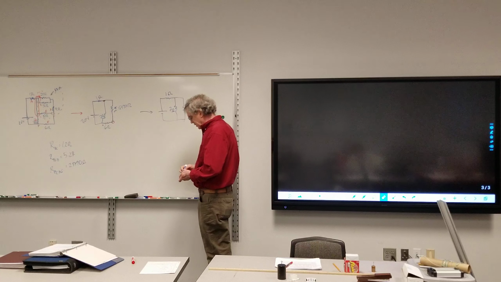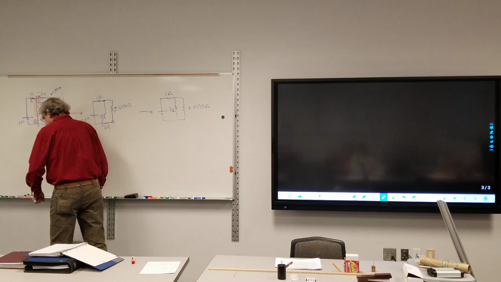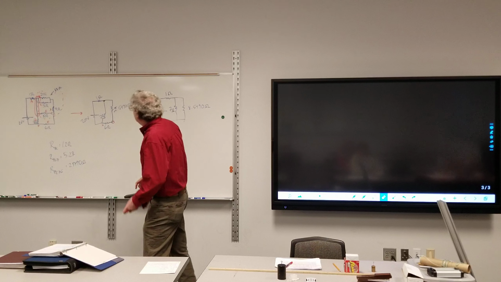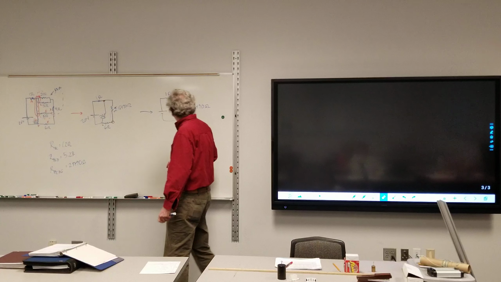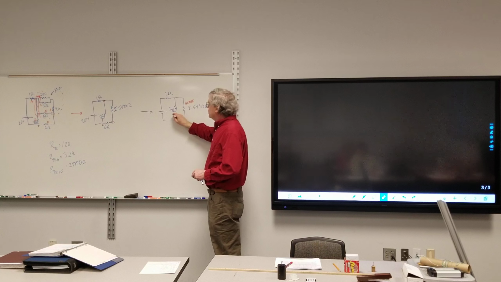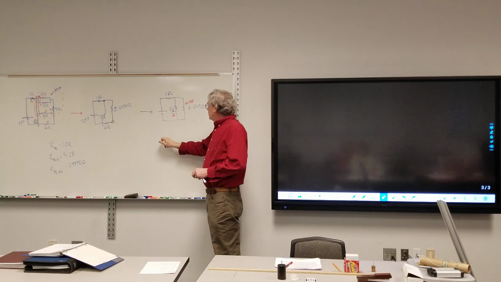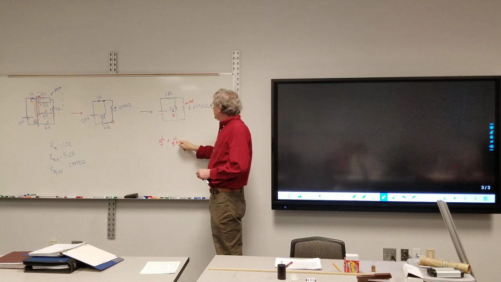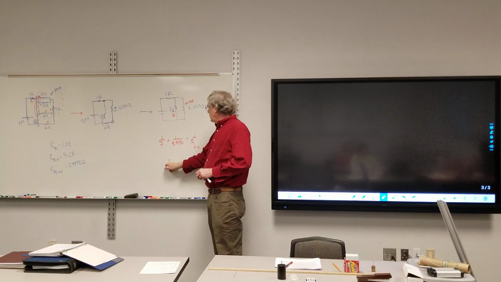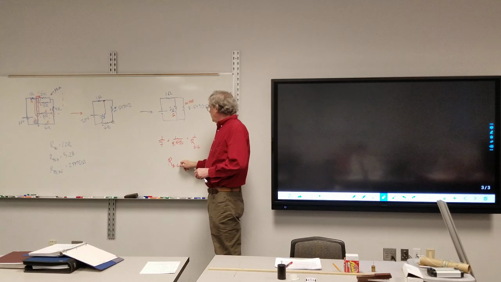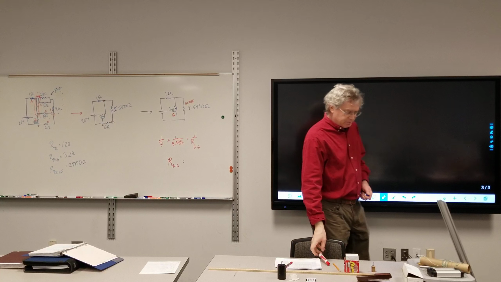So this is B, C, D, E, F. And this is G. So 1/7 plus 1/8.5490 equals 1 over the equivalent resistance of basically B through G. And what is that?